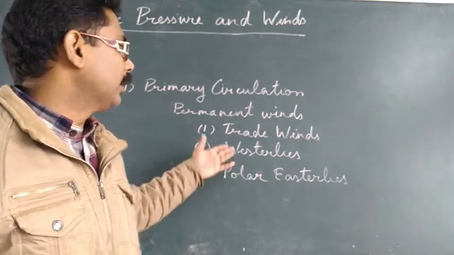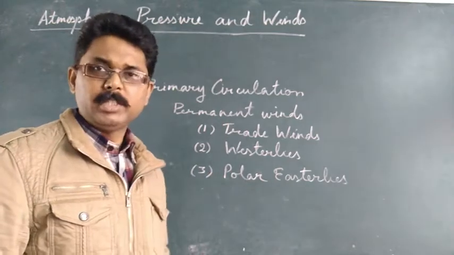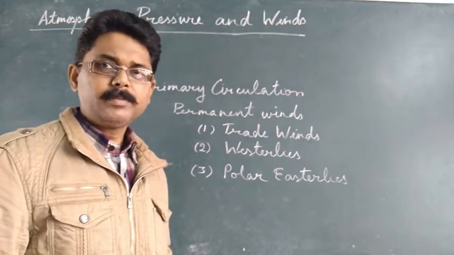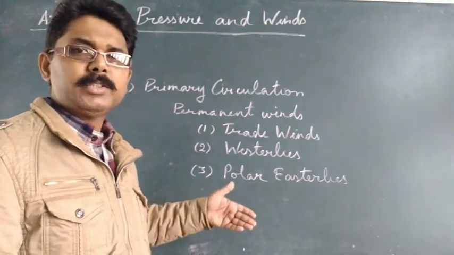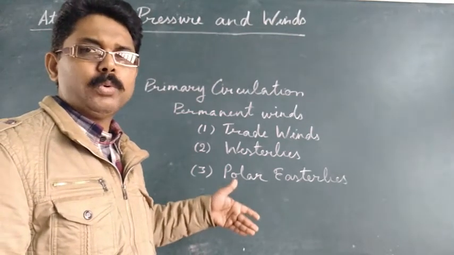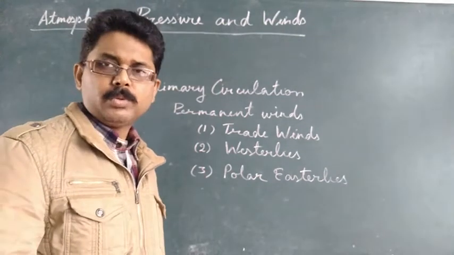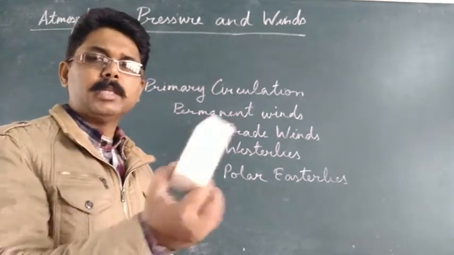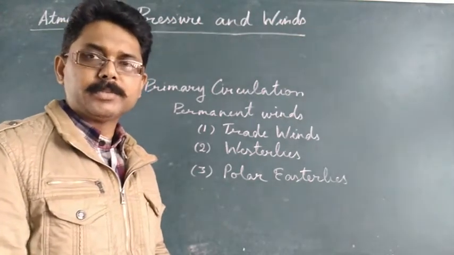These are the three winds: trade winds, westerlies, and polar easterlies. Now how do these winds blow, or why are they called permanent winds? I explained in the previous class about the permanent pressure belts.